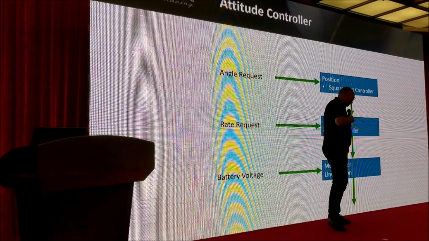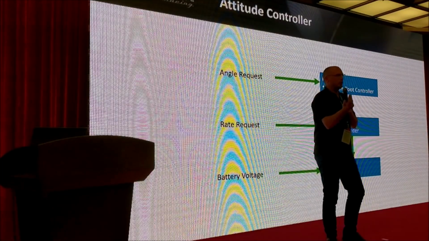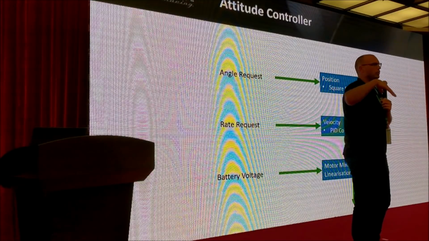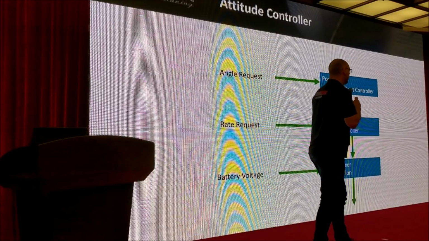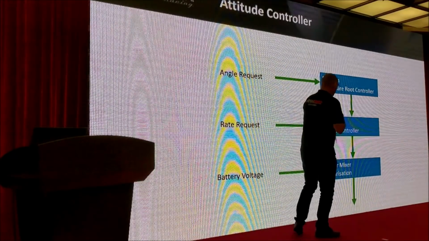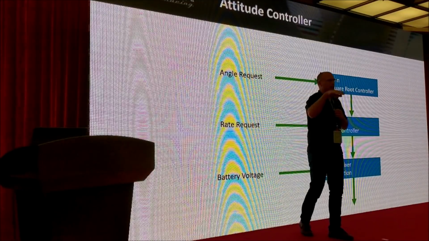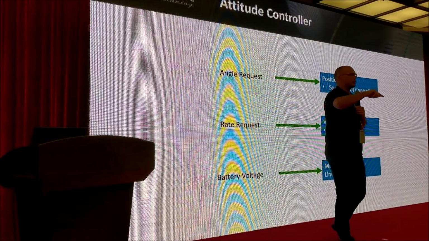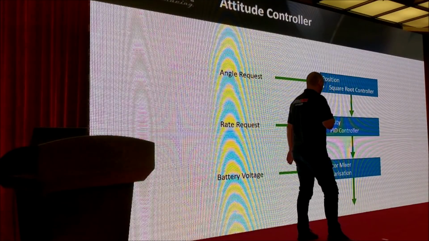Now finally, that comes down to the motor mixers. Everybody knows a multi-rotor has multiple propellers, and you're adjusting the throttle on each propeller. So this changes roll, pitch and yaw into each individual throttle output to the propellers of the multi-rotor.